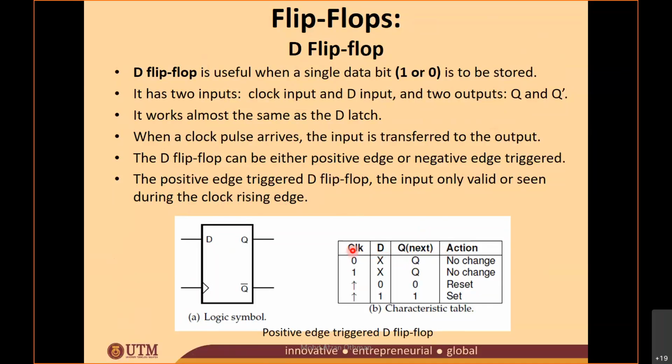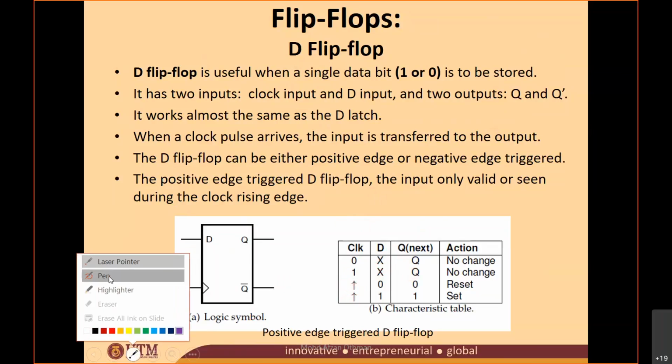If your clock is 1, regardless of whether input D is 1 or 0, Q has no change. But if at that time there is a rising edge, your clock changes from 0 to 1.